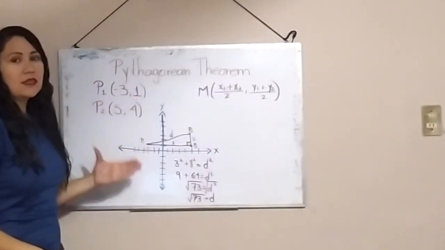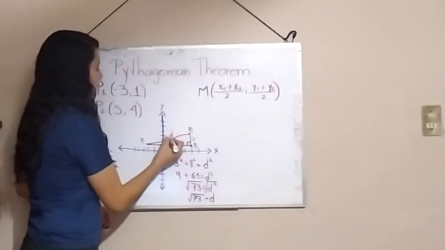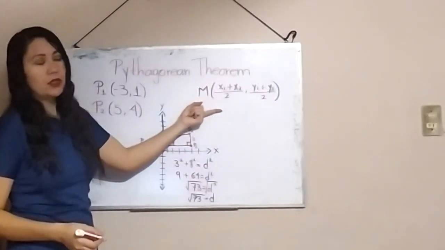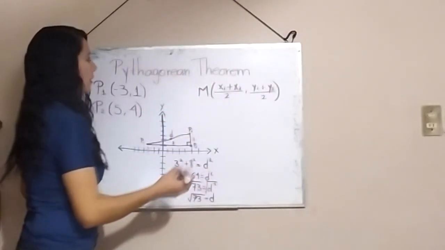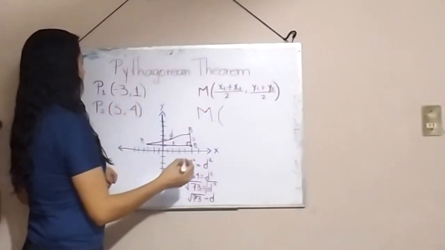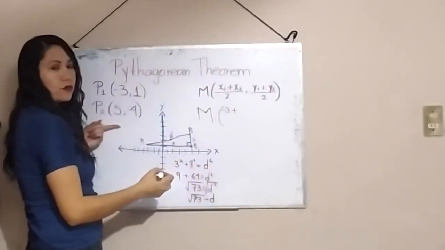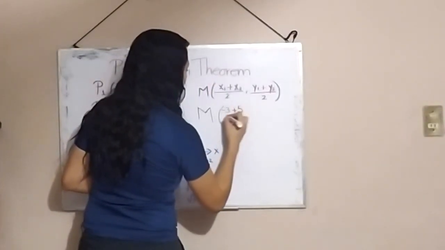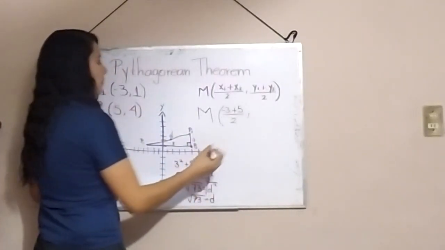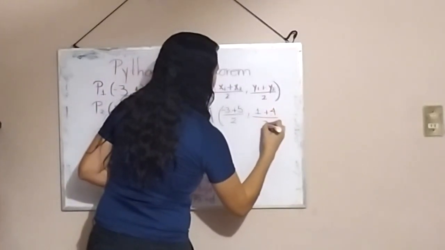Now let's use this same example to find the midpoint between point 1 and point 2. The midpoint would be the average between both points. Okay? So our midpoint would be a coordinate. We have x1, which is negative 3, plus x2, which is 5, divided by 2, comma, y1, which is 1, plus y2, which is 4, divided by 2.